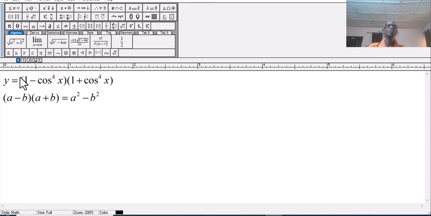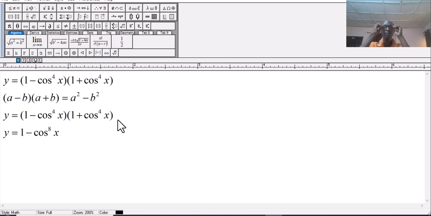So we can now expand this. If I expand this, this will give me y is equal to 1 minus cos to the power of 8. So this will be the simple expansion of this. So we can now start our differentiation.